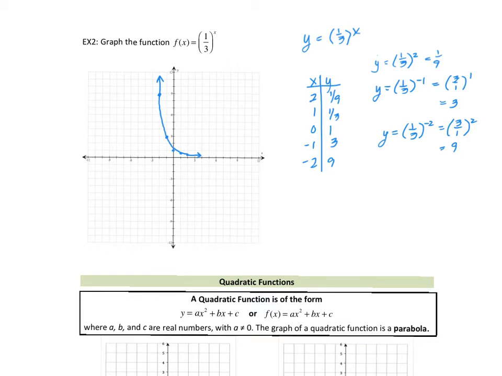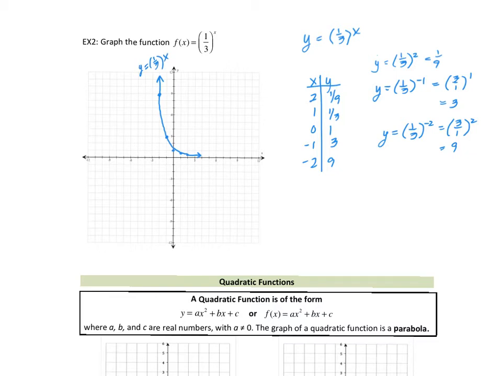So think about the values that we had before when we're looking at the base as 3 in example 1. Now when we flipped and we looked at 1/3, what we did is we actually flipped the graph. So this is y equal to 1/3 to the x.